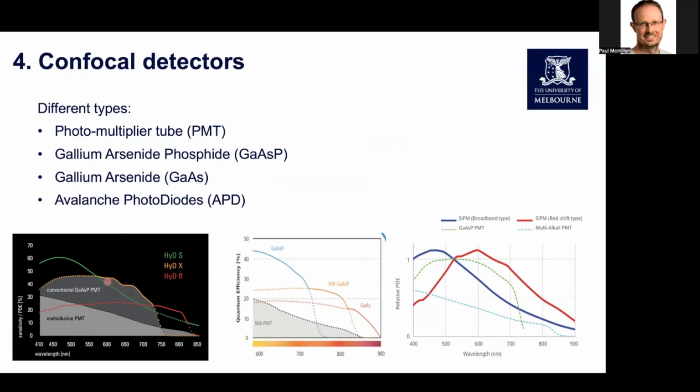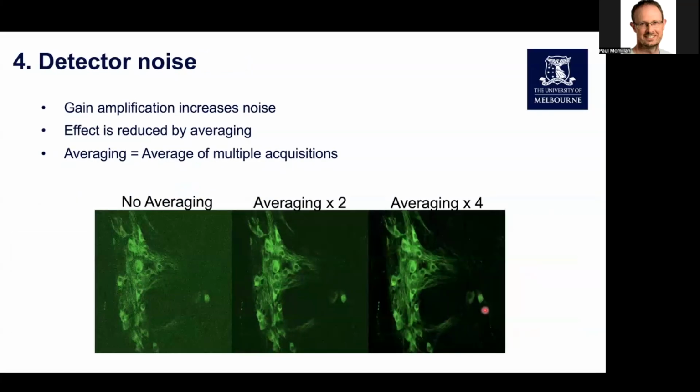For example, the GaAsP detectors are really highly sensitive in the shorter wavelengths, so 600 out to kind of 700 nanometers. Once you go past that, you'll find that different detectors are required for the near-infrared wavelengths. But again, we would take you through that as part of the training in terms of setting that up.